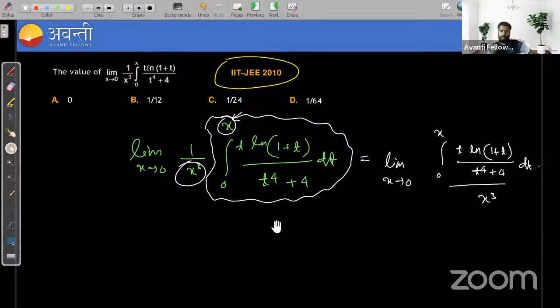If we calculate the integral, let's see. The denominator is 0 when you put the limit. But what is happening with the numerator? The numerator is actually the integral from 0 to x. Now, if you integrate this, what are you getting? Ln of x into ln of 1 plus x.